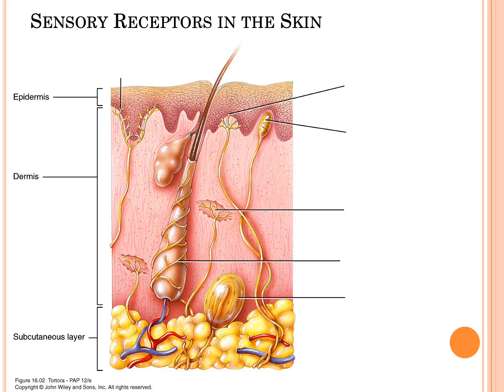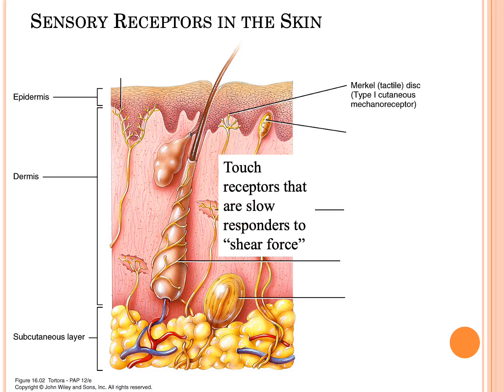So when we look at the accessory organs, the first one we're going to look at is what's referred to as the Merkel's disc, or a type 1 cutaneous mechanoreceptor. This type of receptor is found in areas that provide us with tactile response. It's a very slow responder, and it's going to respond to shearing force.